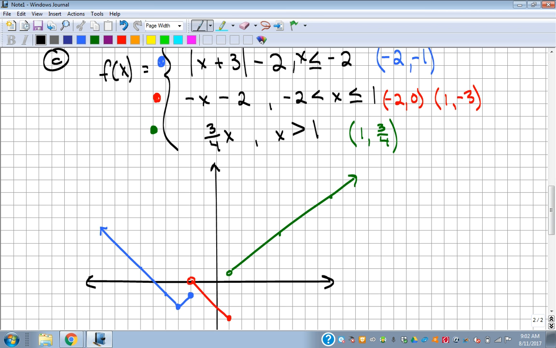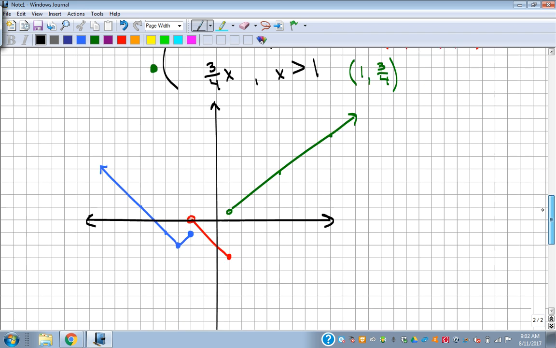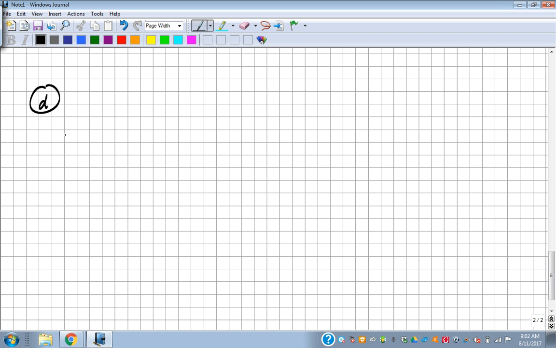Let's look at this one. Try to get a good one that does a good bit of fancy stuff. Example D, the fourth example. Let's say f of x equals negative x minus 2, negative 3, and then negative 2x plus 3 are our pieces.